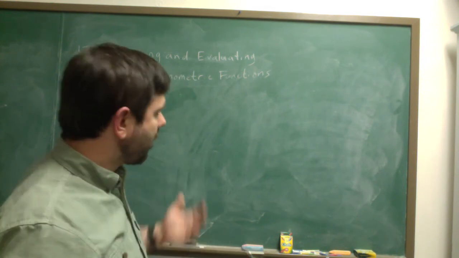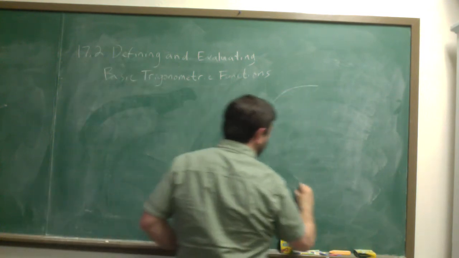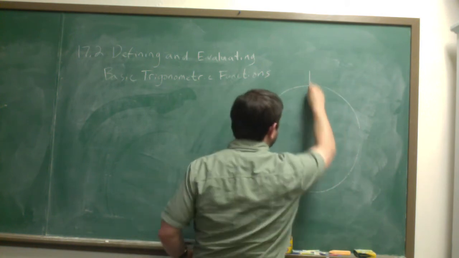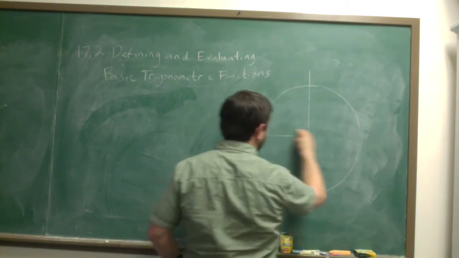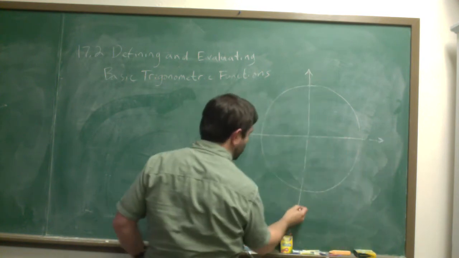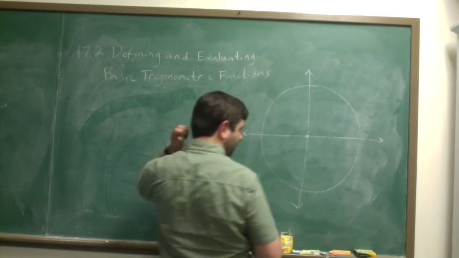So what we want to start out with is our unit circle. Okay, this is a circle centered around the origin, 0, 0.